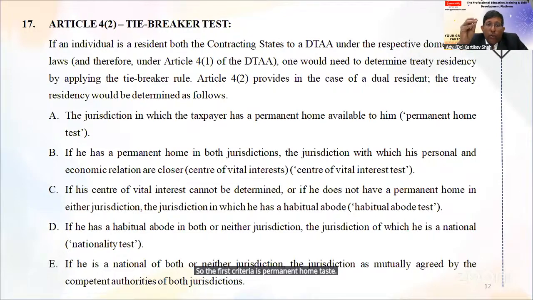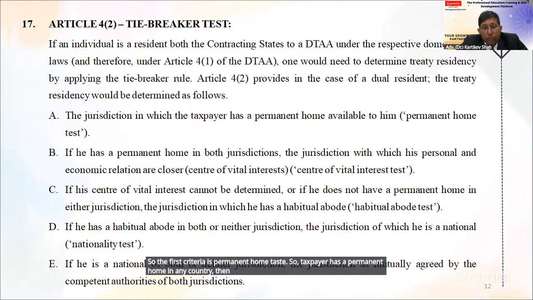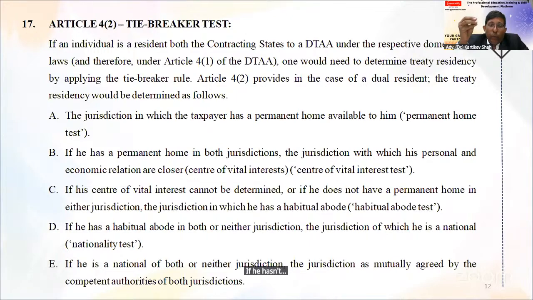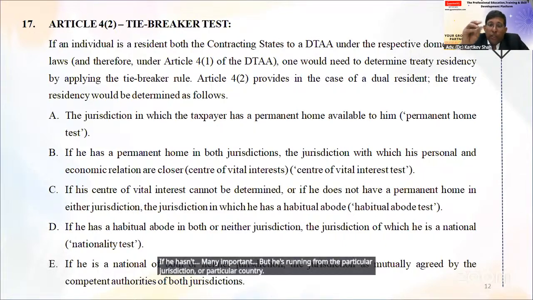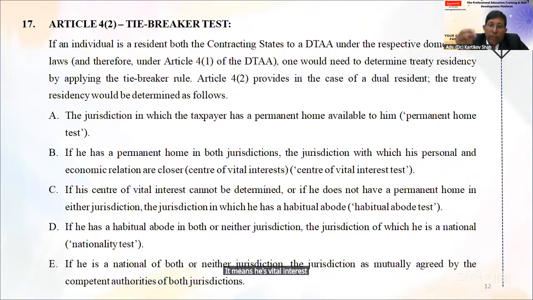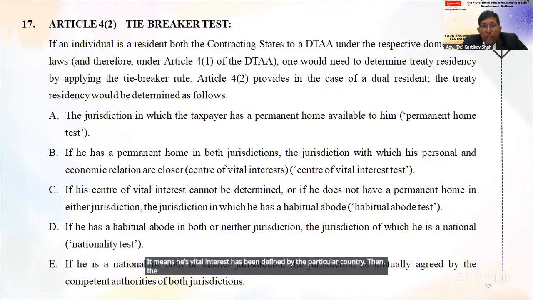If the taxpayer has a permanent home in a country, then he is a resident of that country. The second is the center of vital interest. If many important activities are running from a particular jurisdiction or country, then his vital interest is in that country, and residency will be decided accordingly.